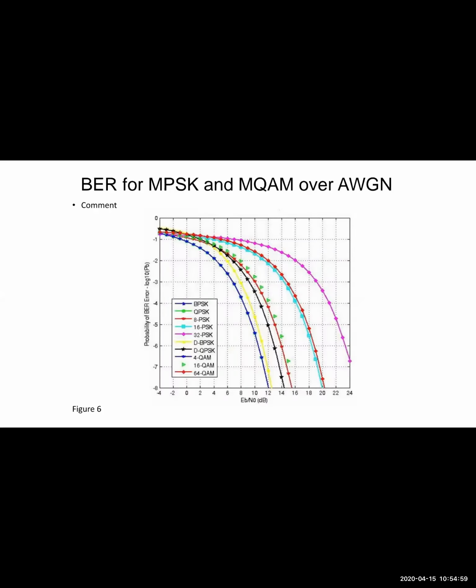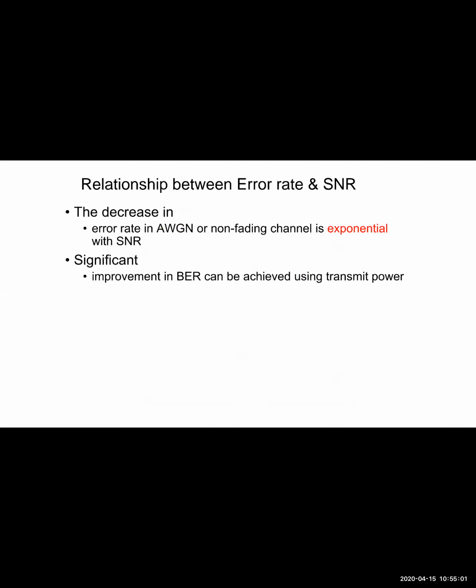Whether in QAM or that, that is what we have. Doc, I have a question. Go ahead. So what we are saying is that for the technique we've studied right now, when we increase the power to noise ratio, the SNR per bit, we decrease the error exponentially, which is good for us.